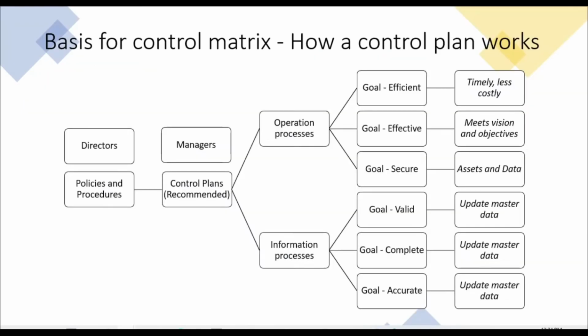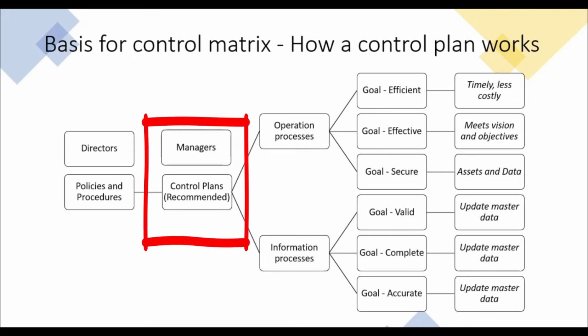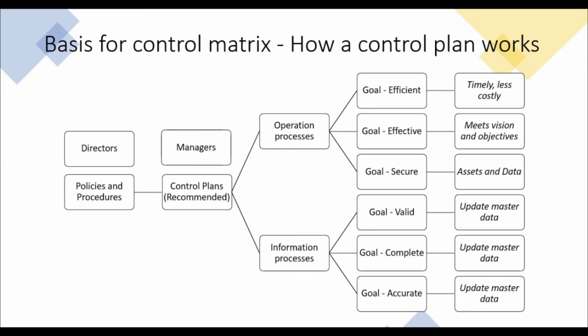So the basis for control matrix and how control plan works starts with policies and procedures, and these policies and procedures are designed by the senior leaders in the enterprise. And then there are control plans that are recommended and implemented by the managers.